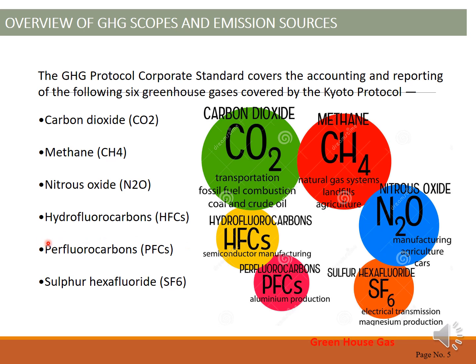Perfluorocarbons, PFCs, are mostly produced by aluminum industries. And sulfur hexafluoride, SF6, is from electrical transmission and magnesium production. So these are the six emissions as per the GHG Protocol.